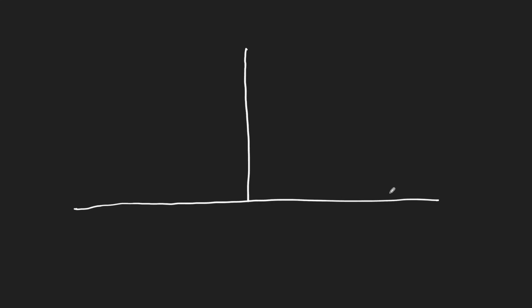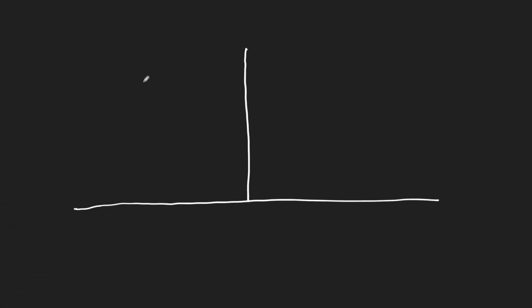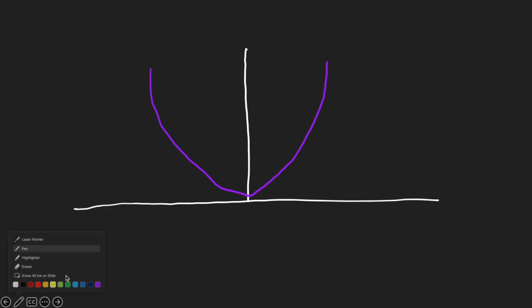So let me draw the system once again. This is the x-axis, this is the y-axis, and this is the parabola. Let me put a point mark here denoting the bead center.